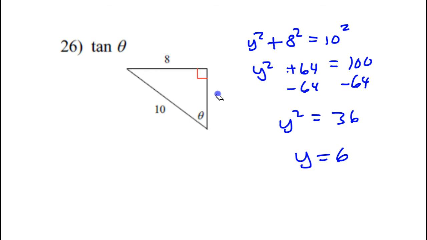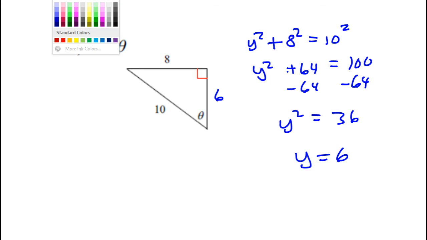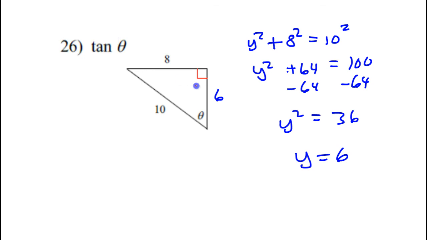Now you could have done that without the Pythagorean theorem, if you recognize your Pythagorean triples. Again, the most common Pythagorean triple is the 3, 4, 5 right triangle. And maybe you can see that that's what we have here.